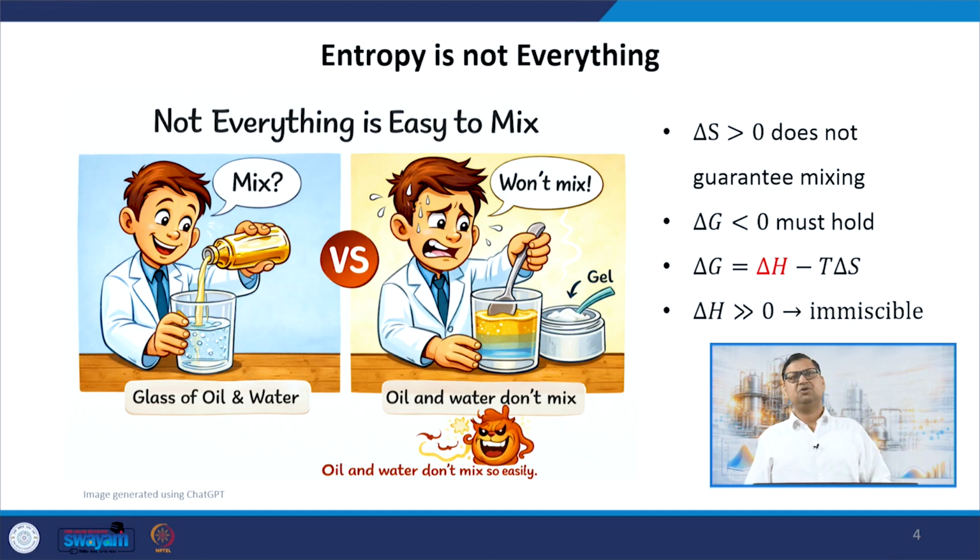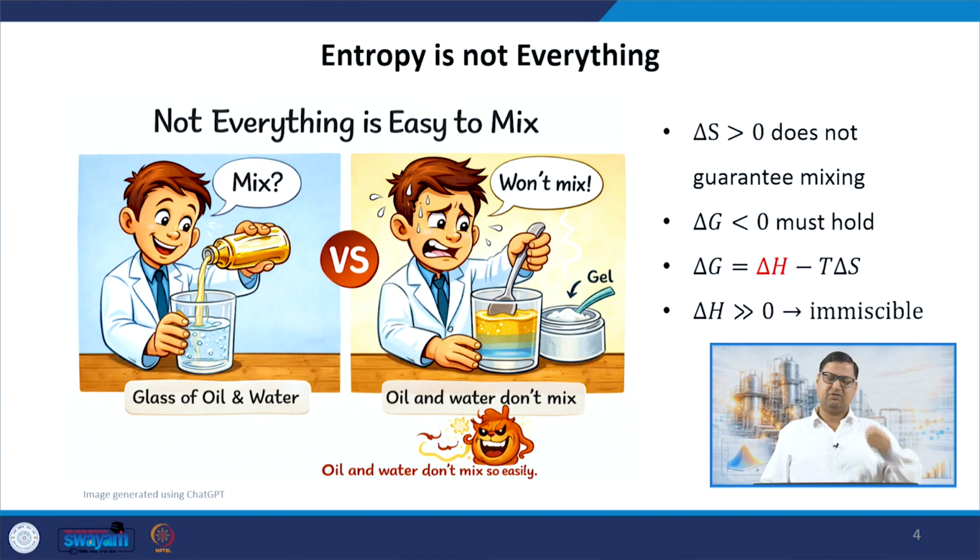Let us say, for example, you have an oil and you are trying to mix it in water. Now, I repeat the same experiment, and what you will find is mixing of oil and water is going to be difficult. You can try to stir it.